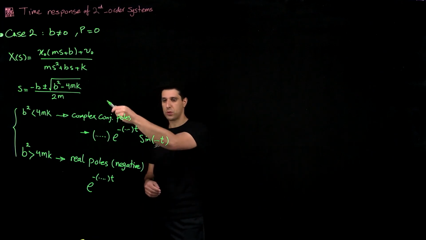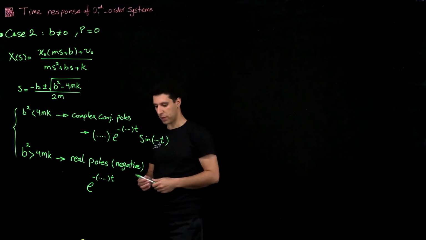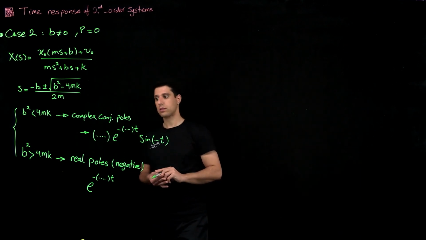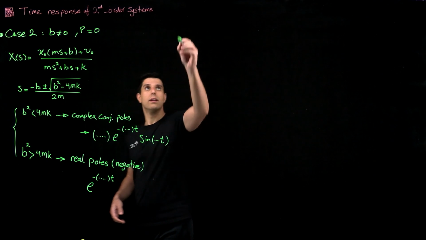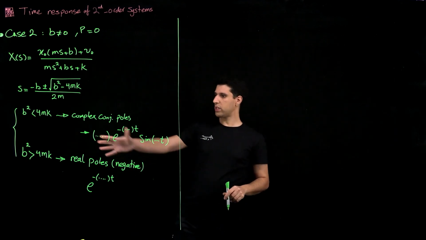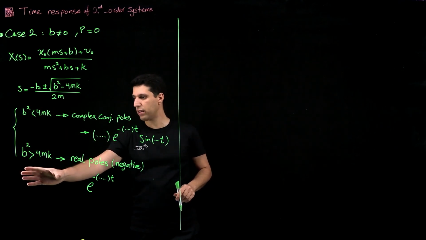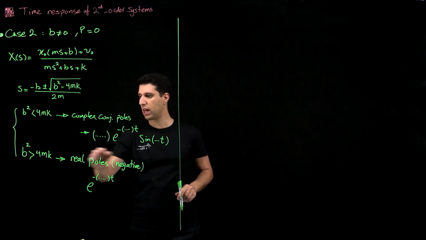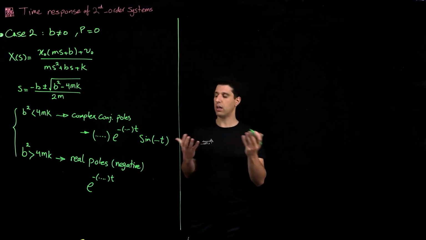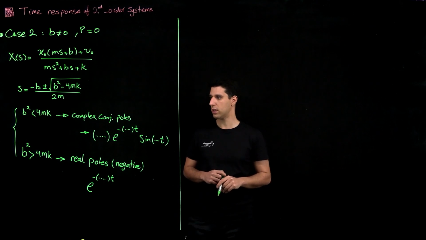So my response will not have any oscillation like the top case. So you see something interesting happens here. Depending on the relative values of B, M, and K, there is a switch between modes of response.